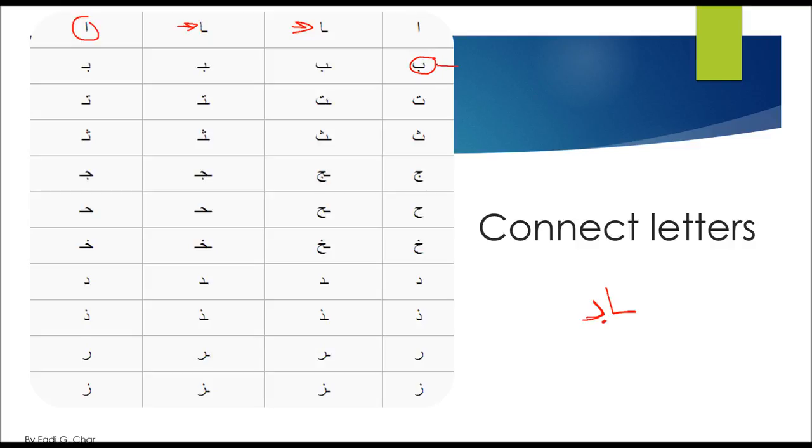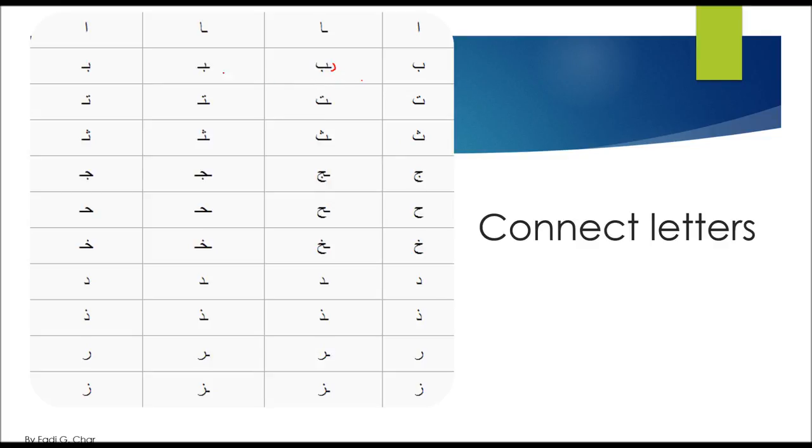Okay? Then we have ba. At the end, it's like that. You have to put the connector. For example, let's say here we have, not alif, alif is not connected, ta. So ta is like that, and you just connect it like that. So basically, this small dash here is the connector.